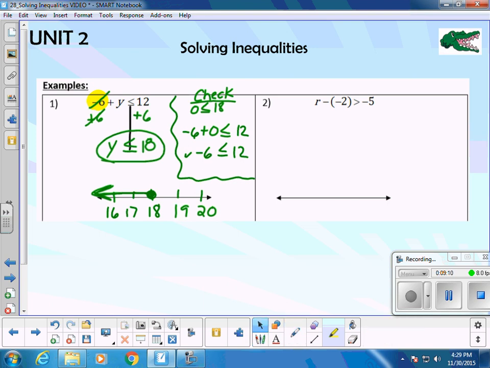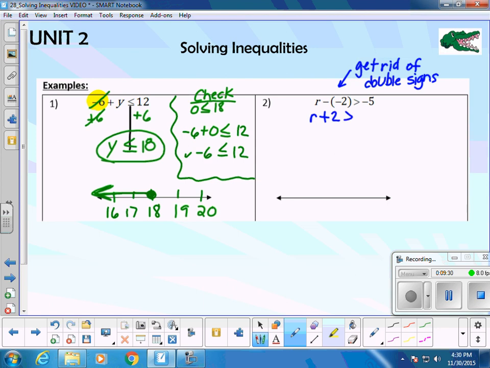Okay, so let's look at our next example. So in this one, don't forget, get rid of your double signs. So I rewrite this as r plus 2 is greater than -5.